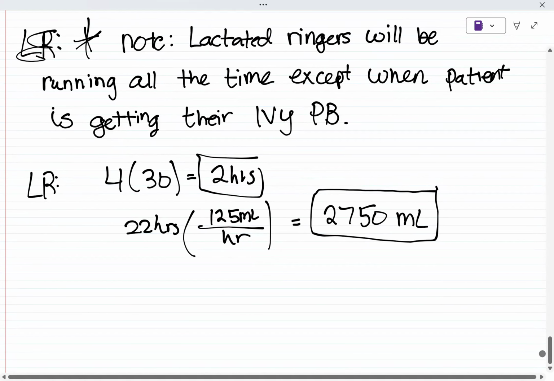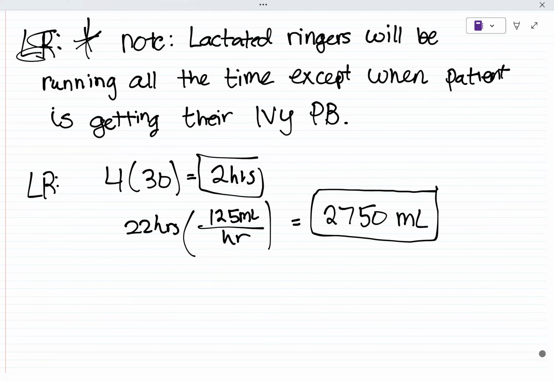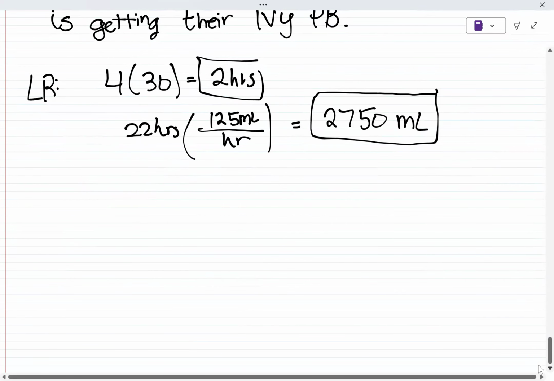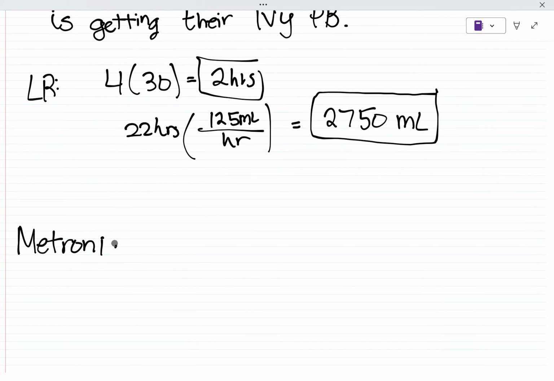Now let's do the drug metronidazole. It said it was running for the drug metronidazole IV piggyback every 6 hours, right?